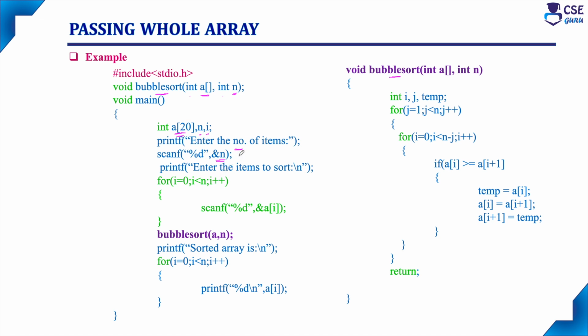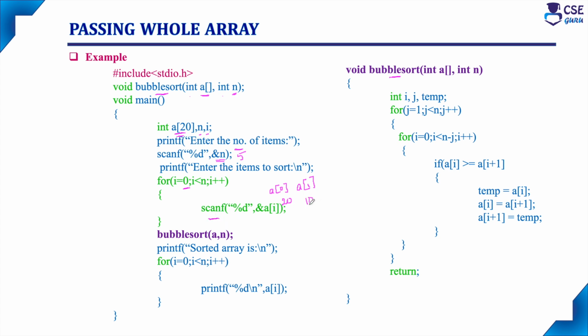For example, for n I have given 5 elements, and then enter the items to be sorted. When the value of i equals 0, in the a of 0 position some value we can give, say 20. Next i gets incremented to 1. When i is 1, in a of 1 position we give a value using the scanf statement.